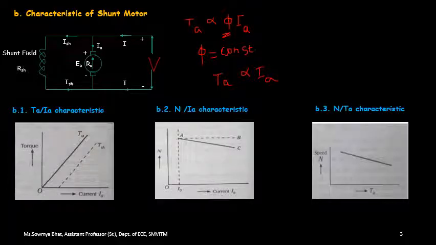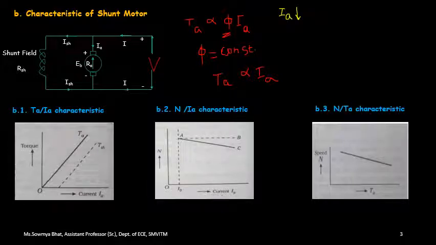Now if I apply the concept of heavy as well as lighter load, if I consider the shunt motor under lighter loads, the armature current will get reduced.